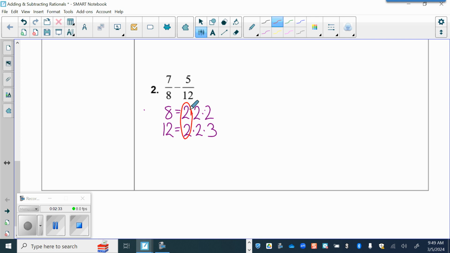I've got the 2's in common and another set of 2's in common. So when I find my LCD, now hang with me, I know you know it's 24, but hang with me, right? My least common denominator, I'm going to multiply 2 times 2 times 2 times 3. 8 times 3 is 24.